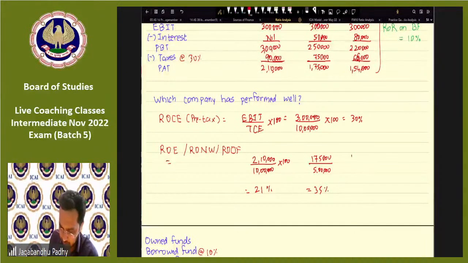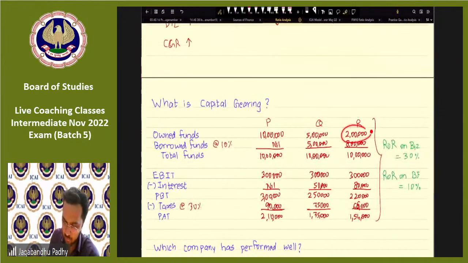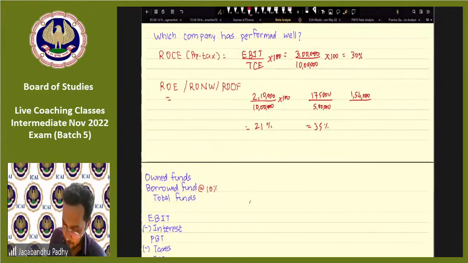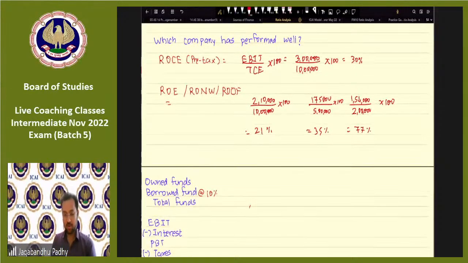In the third case, it is 1,54,000 divided by owned funds of 2 lakh, into 100, which is 77%.